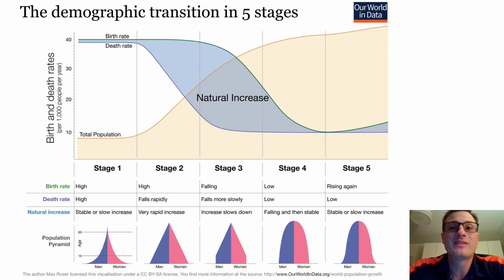So this is perhaps a symptom of wealth and an economically successful society. But it does lead to an aging population, which creates issues in itself. Which takes us into stage 5, where we can perhaps use the examples of Germany, Italy, Japan.